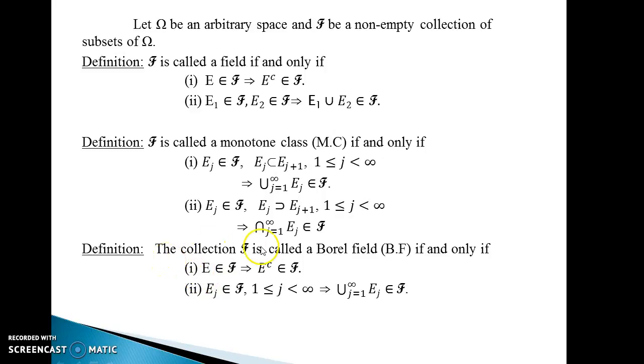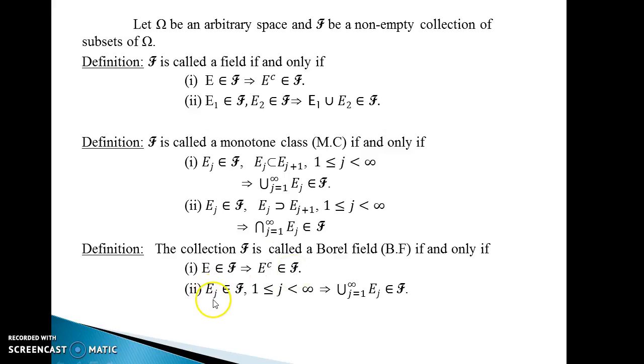And we say the collection F is a Borel field if and only if it satisfies these two conditions. Condition 1 says E belongs to F implies E complement belongs to F. That is, if you take any set from F, then its complement is also in F. This F is closed under complementation.